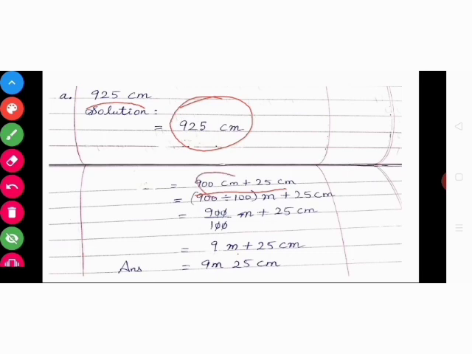This you want to change into meter. So 900 divided by 100, put into the bracket, into meter. So 900 divided by 100 is 9 meter. This 25 centimeter, as such, you want to write down. Then you want to add 9 meter plus 25 centimeter. Your answer is 9 meter 25 centimeter.